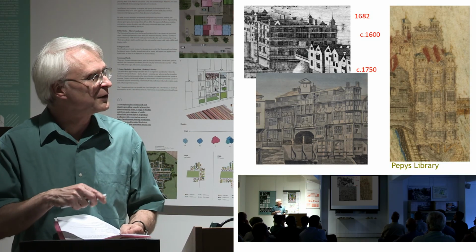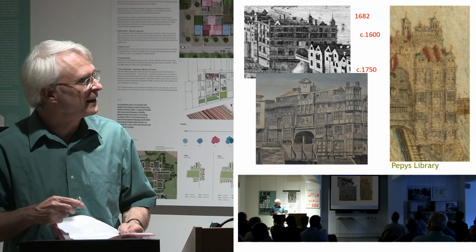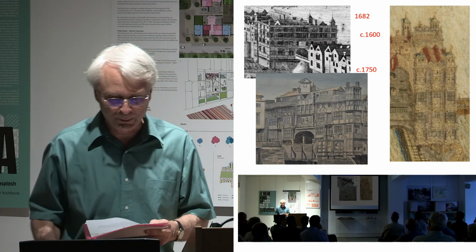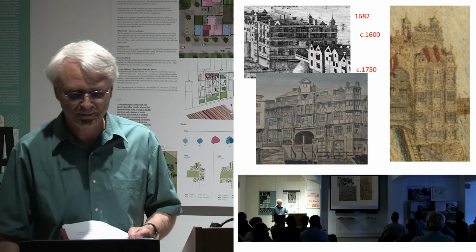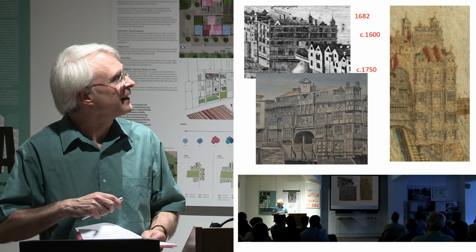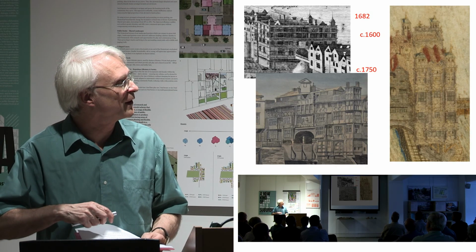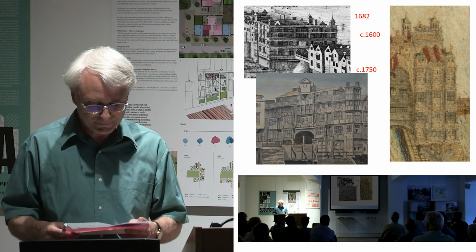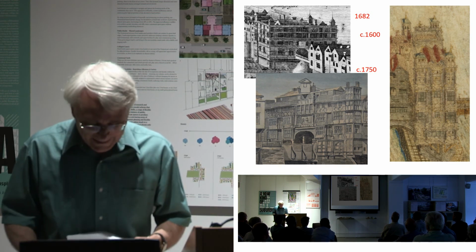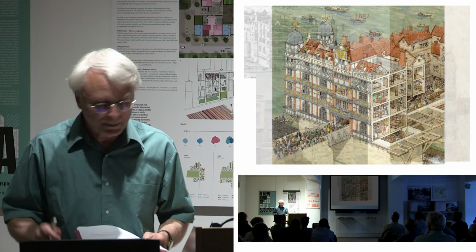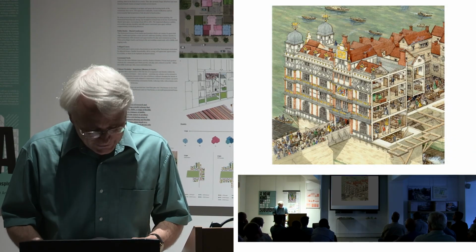On the right, the view of 1600, and it's a bit grainy, but it's got pillars with golden capitals. And here you've got 4 light windows in the first and second stories. And we ended up with something like that.